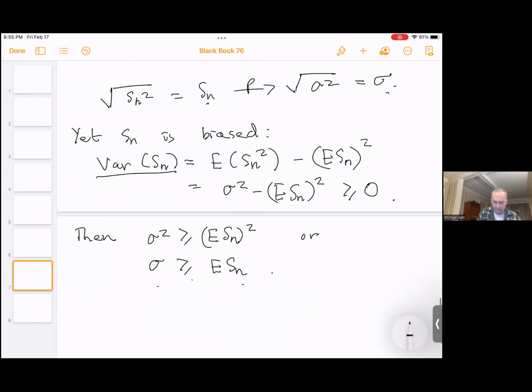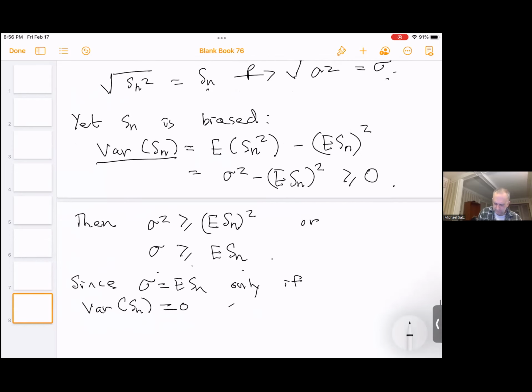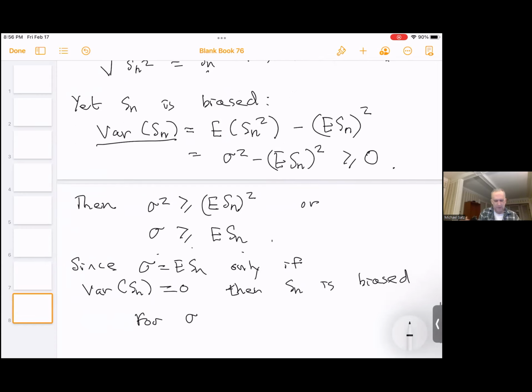Well, sigma equals E of Sn only if the variance of Sn is 0, then Sn is biased for sigma in all random cases, so in all real cases.